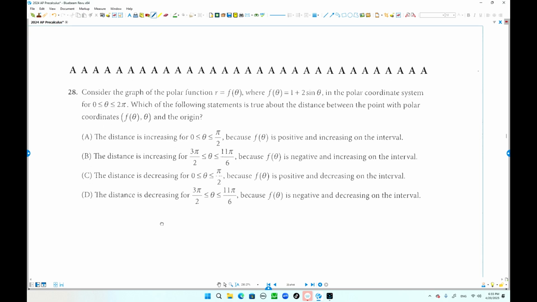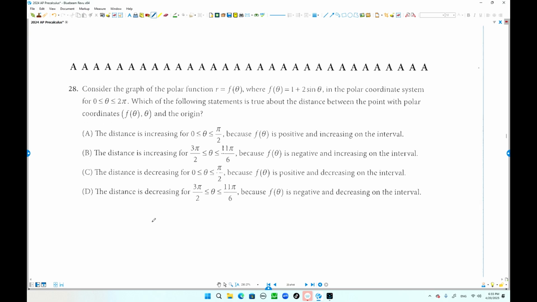Okay, number 28. We have f of theta is 1 plus 2 sine theta, so that's a loop, right? Because this number is less than 2, right? Actually, the graph looks like this. Going up here, okay. The graph looks like this.